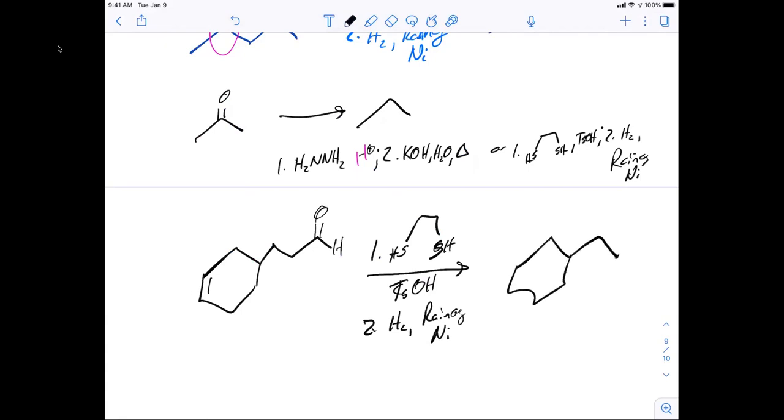Then I wouldn't have ended up with the target molecule. I would have reduced the double bond as well.